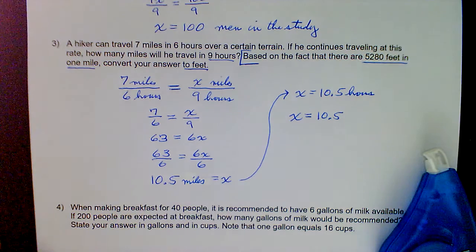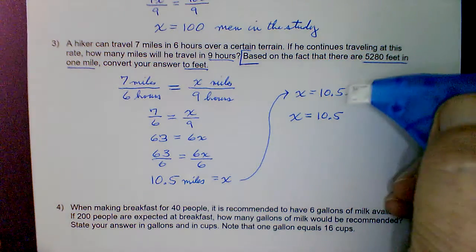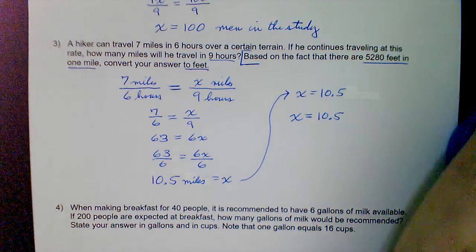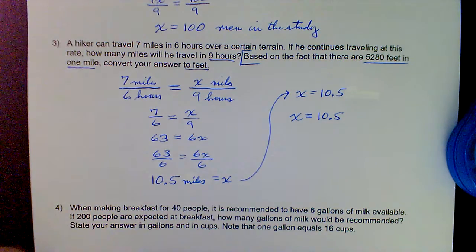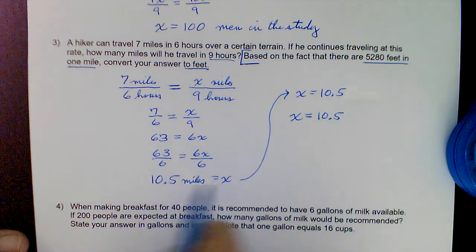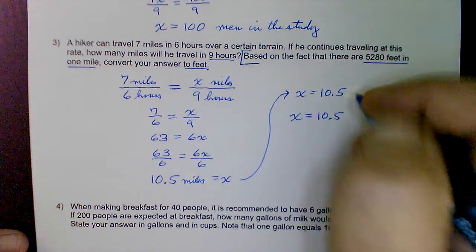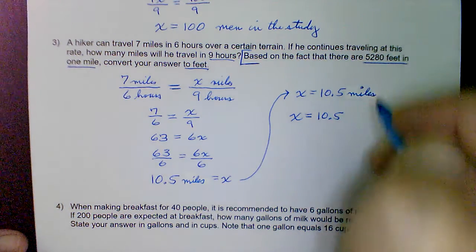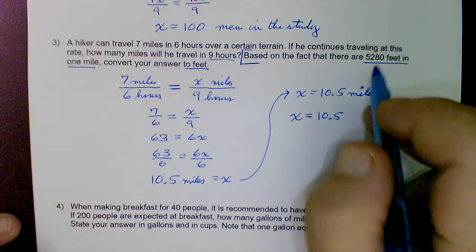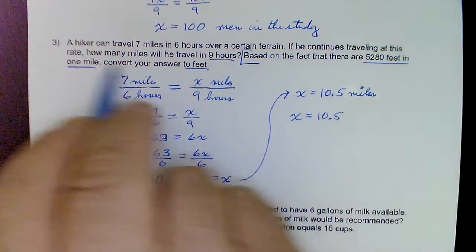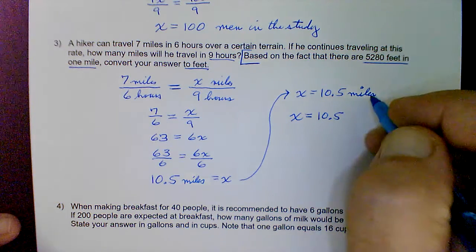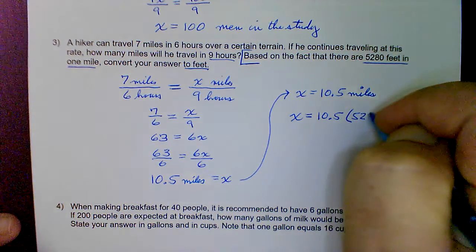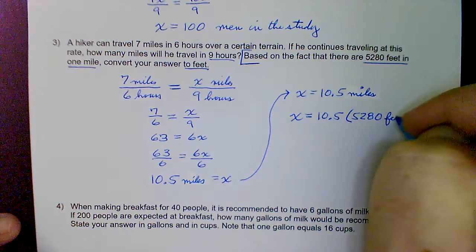Okay, so I intentionally did that because I wanted to bring your attention to the fact that it's very important to set up the units. See, the X was the number of miles. That tells me here, miles. Okay, and as I was getting at, it's just a replacement. There's 5,280 feet is equal to 1 mile. So this mile can be replaced by 5,280 feet.